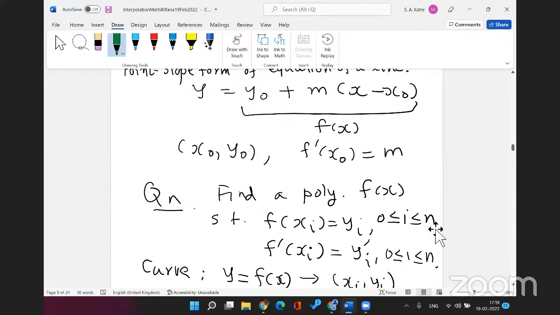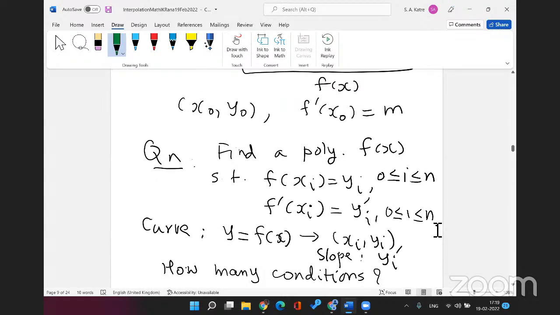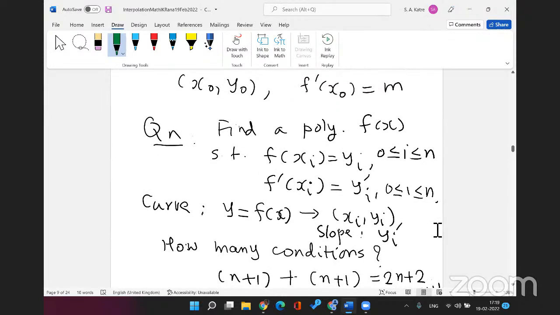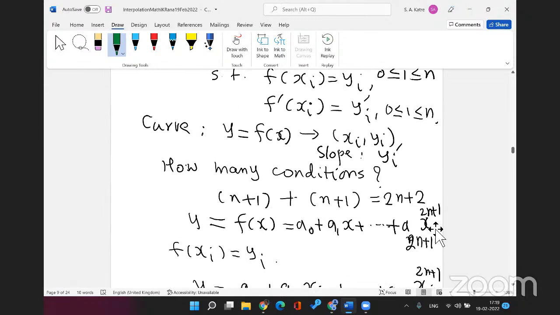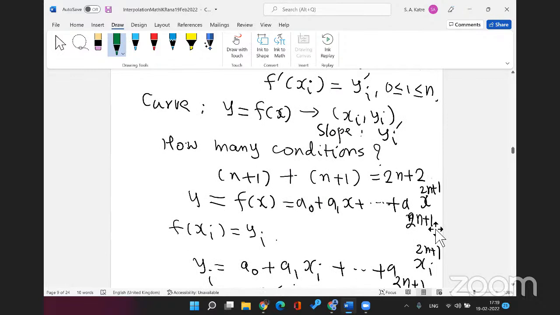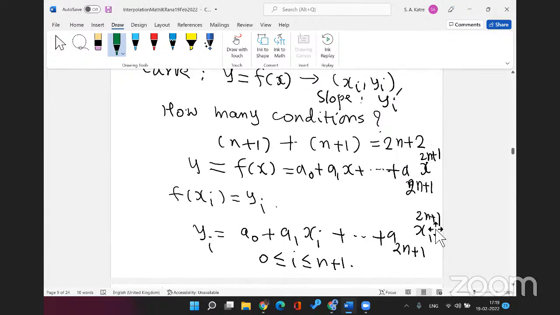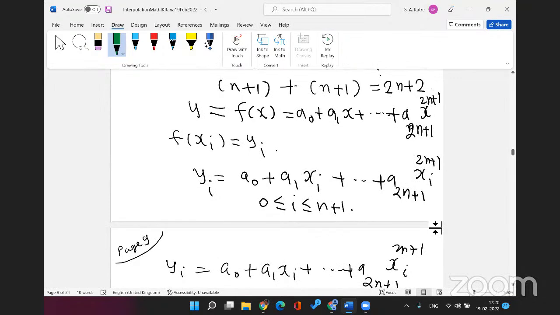So now you can ask the analogous question: find a polynomial f(x) such that f(xi) equal to yi, 0 less than or equal to i less than or equal to n, and f dash (xi) is equal to yi dash. Then we want to find this curve y equal to f(x). So how many conditions are there? n plus 1 plus n plus 1, that is 2n plus 2 conditions. So you should go up to degree x raised to 2n plus 1.